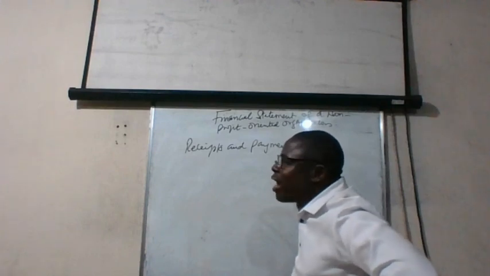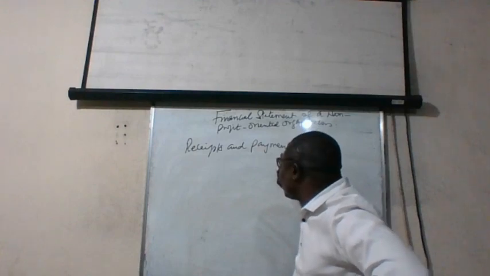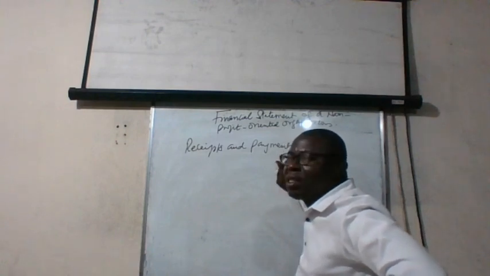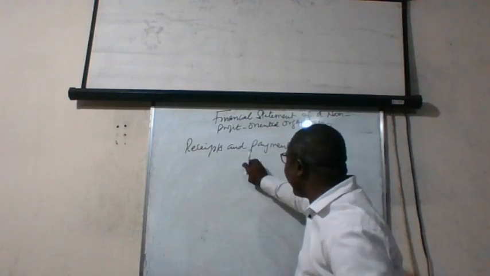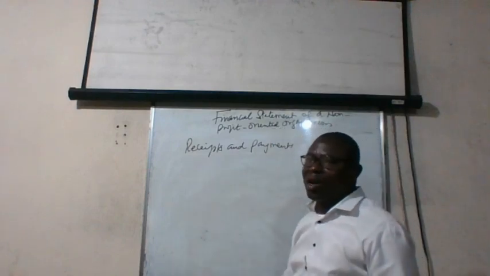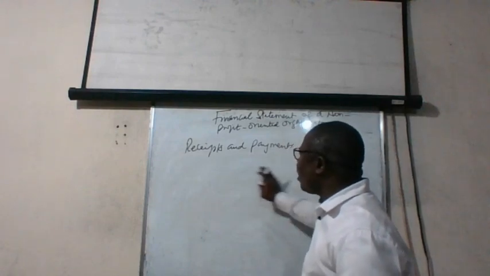Three types of cash book: single column cash books, double column cash books, and then the triple column cash books. But here in the non-trading organizations, we don't use that cash book. Rather, we use what we call receipts and payments.